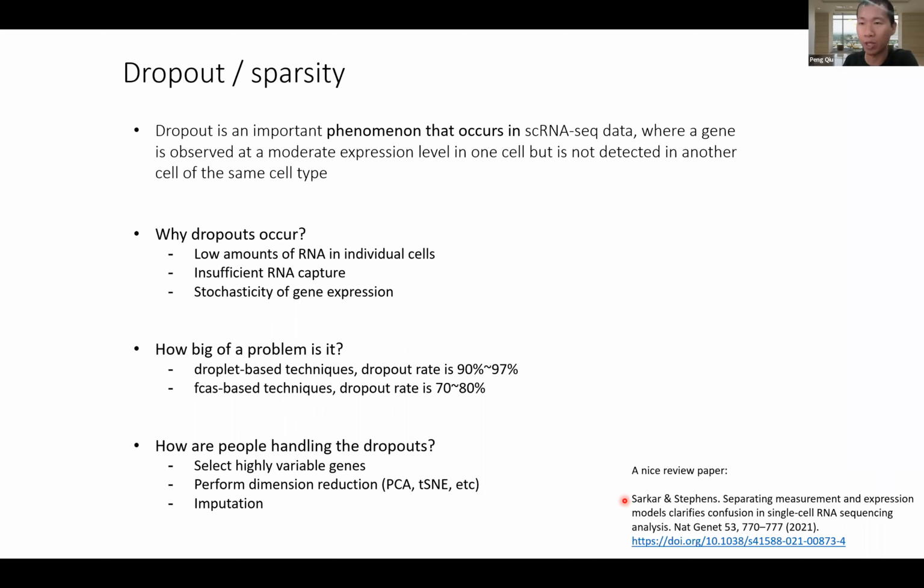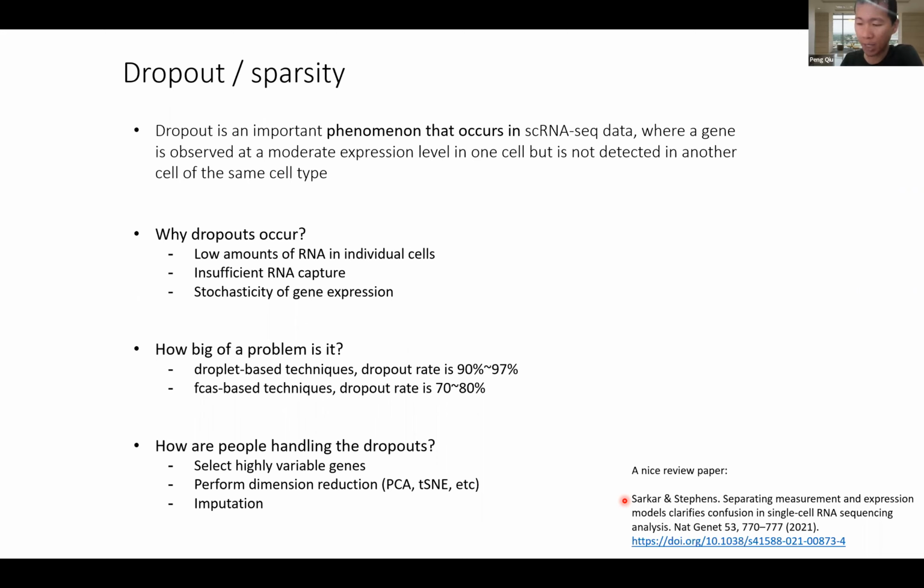In some papers, dropout is equivalent to all the zeros we see. So all the zeros, the sparsity, is called dropout. But in some papers, dropout refers to the undesirable zeros.